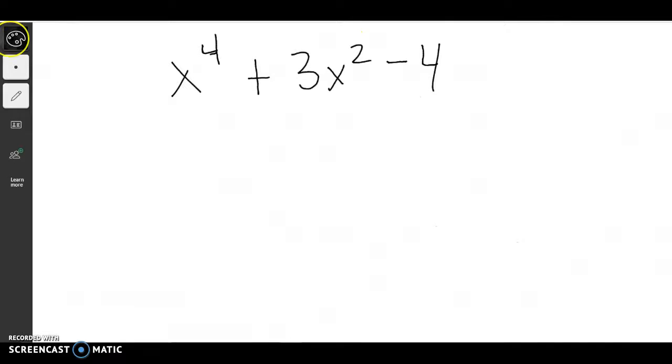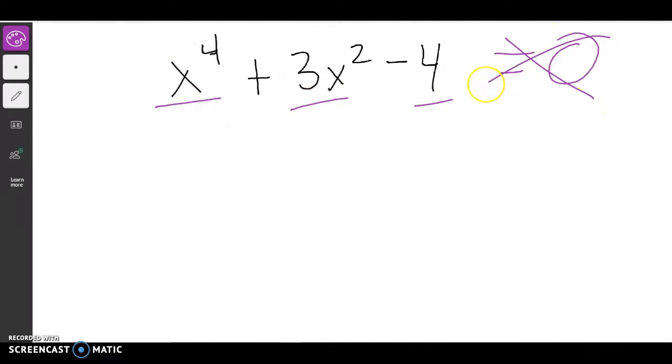Next problem. This time, this thing has 3 terms. And again, I know it's not saying to solve because it's not equal to 0. So all we have to do is factor this thing. Since it has 3 terms, we're just going to figure out what would multiply together to give me -4 and add together to give me 3.